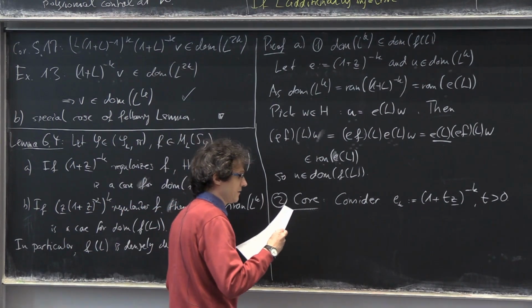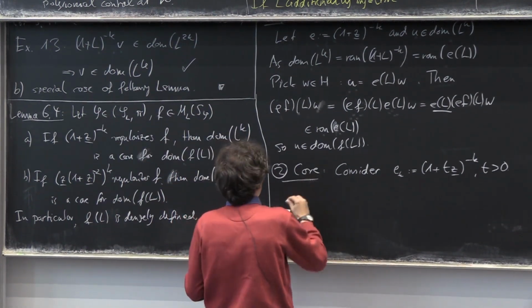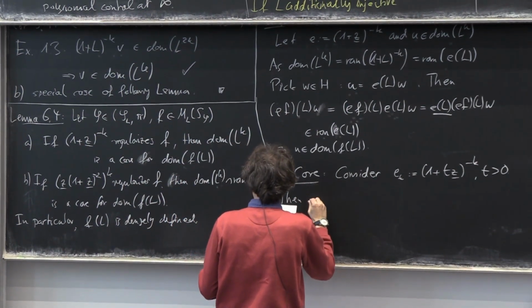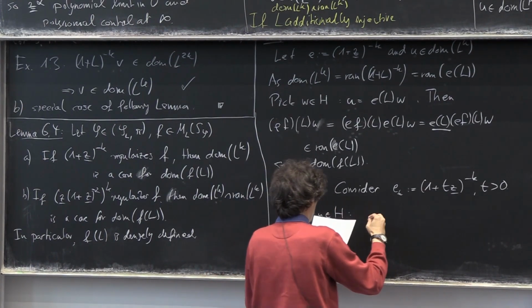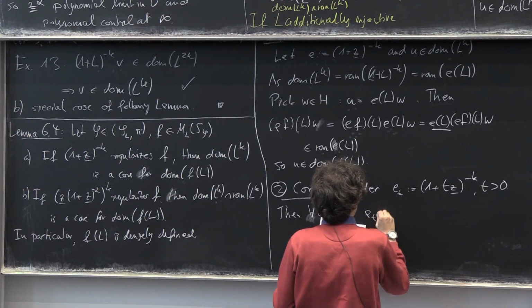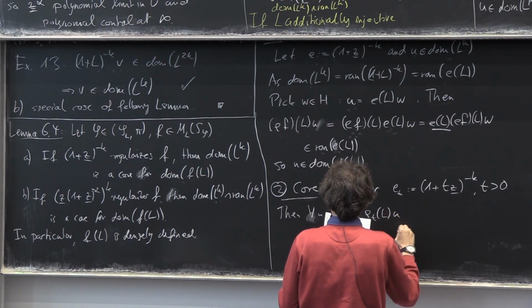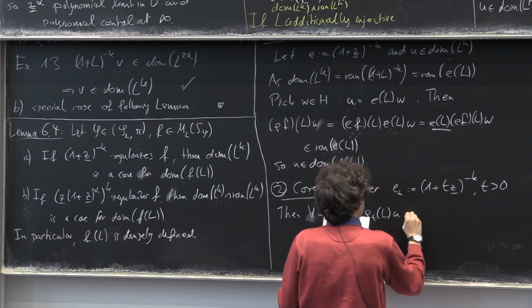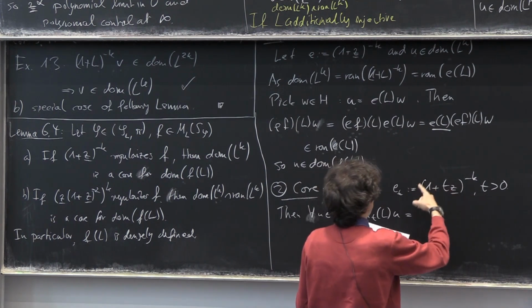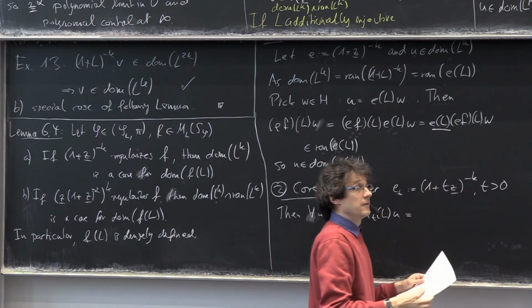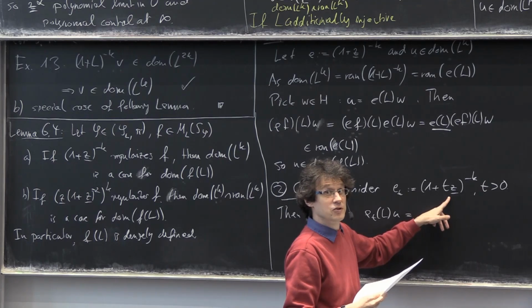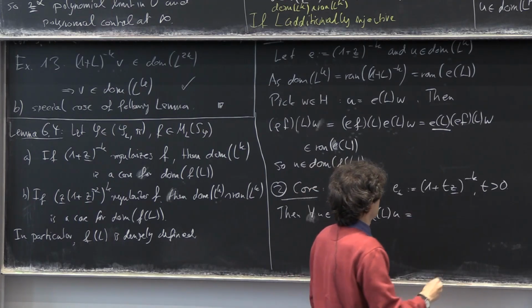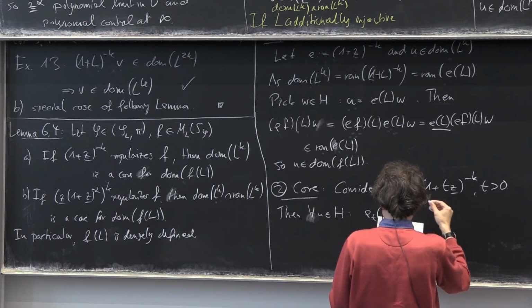Okay, so we take this function E_t. Then, whatever you take as functions u in H, if you apply E_t of L to u, we now have to plug in L here. This is a resolvent, so this was example 5.2.1 that told us that for resolvents the functional calculus gives what we expect.